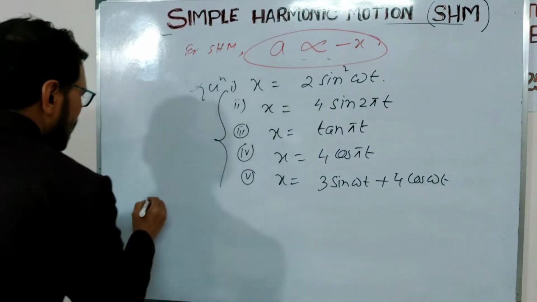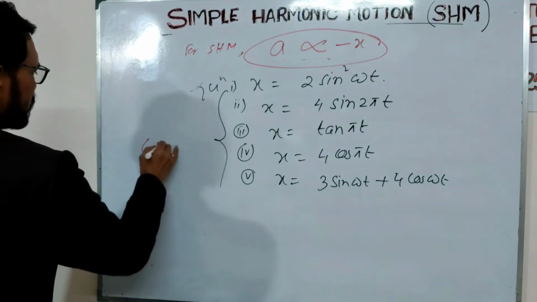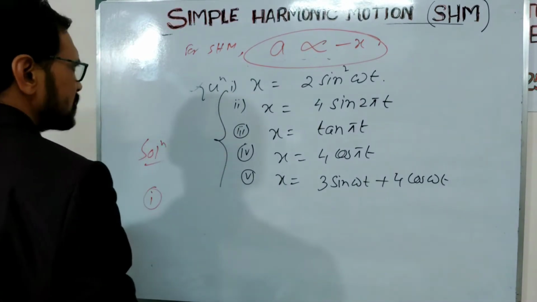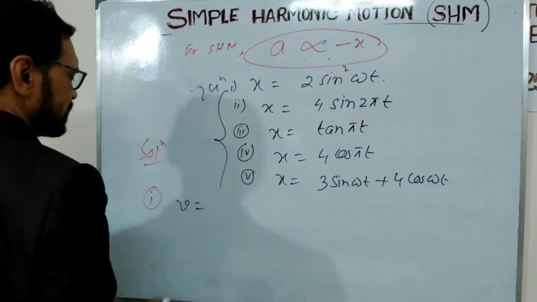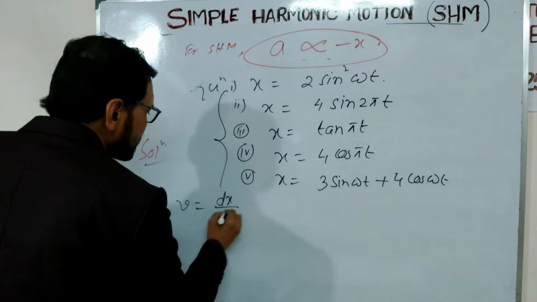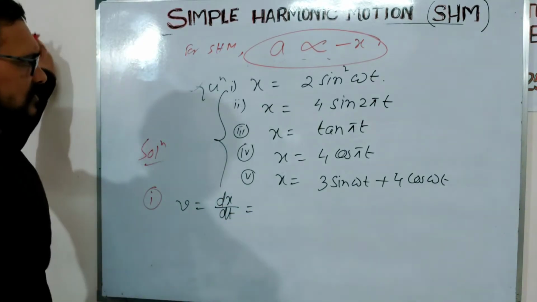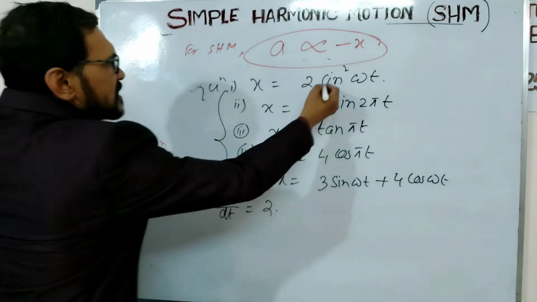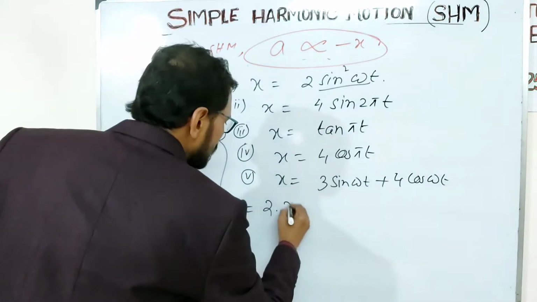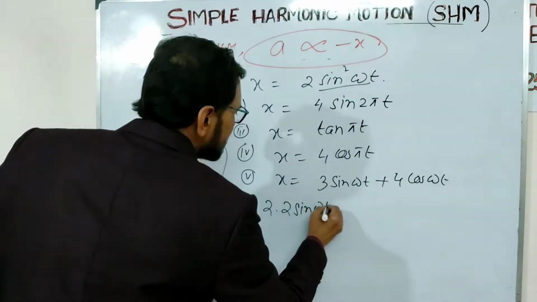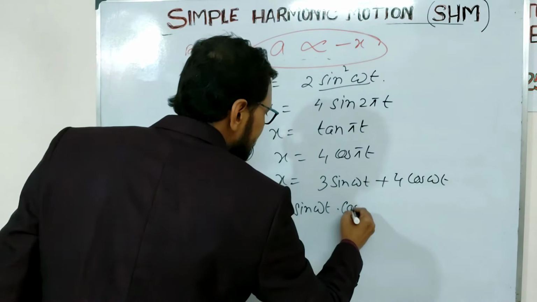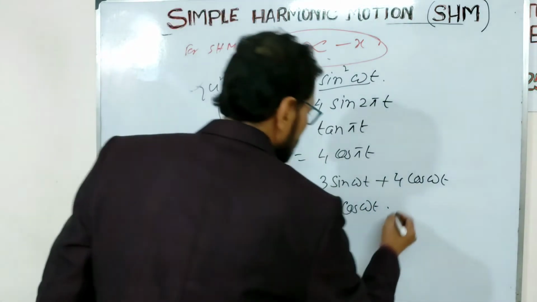Now for the first one, first we find velocity equals dx by dt. What is the derivative of sin square omega t? That is 2 sin omega t, and the derivative of sin omega t is cos omega t into omega.